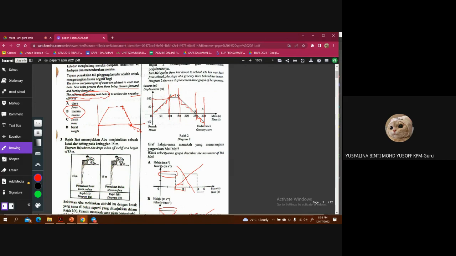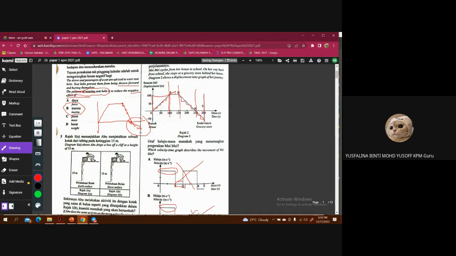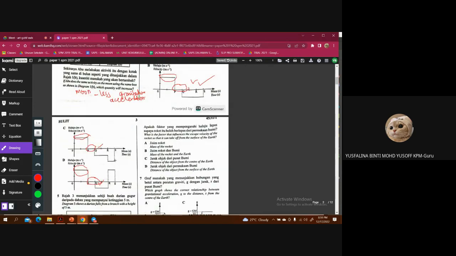So the gradient is decreasing. Decreasing or increasing? Decreasing, correct. So if it's like this, the gradient is decreasing. So the value of the velocity will also decrease.